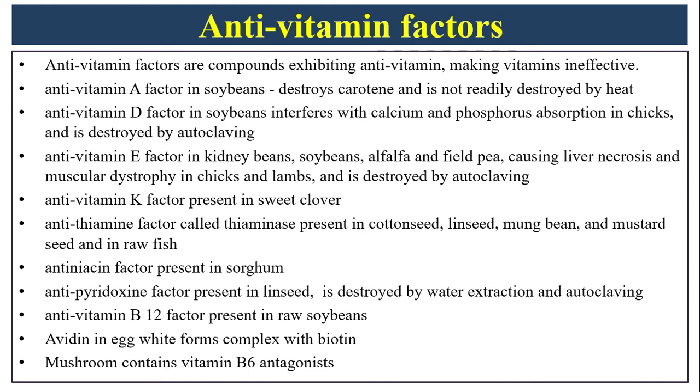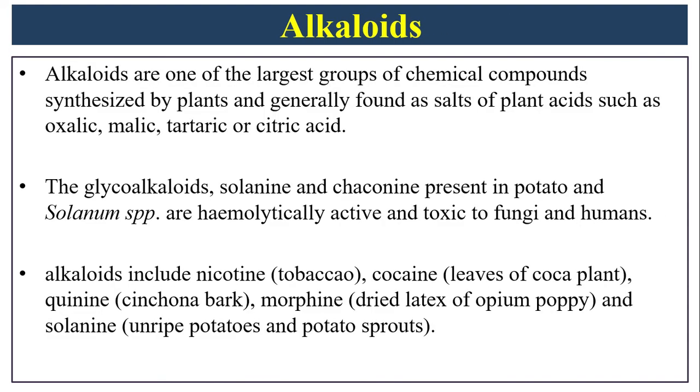Anti-pyridoxine factor present in linseed is destroyed by water extraction and autoclaving. Anti-vitamin B12 factor is present in raw soya beans. Avidin in egg white forms a complex with biotin. Mushroom contains vitamin B6 antagonists. That is all about anti-vitamin factors.